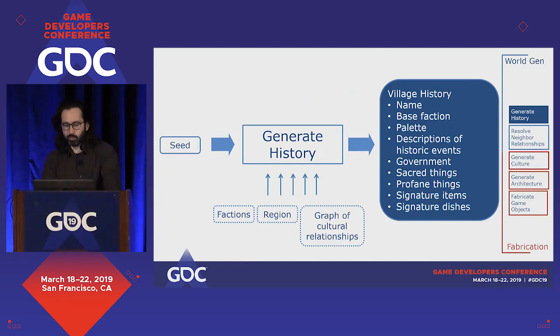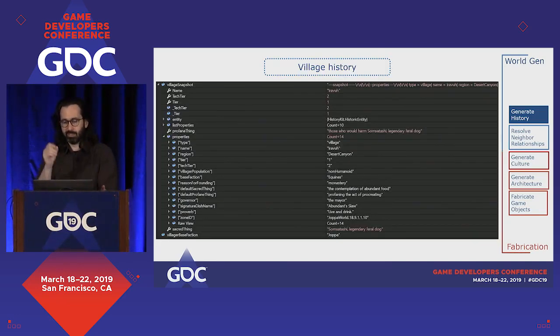In fact, if we look at a screenshot inspecting the data structure, village history is really a bag of key-value pairs at the moment. We have properties like name, the name of the village, and region, the region the village is in. We can go down and see governor, the mayor. All of those things we listed in the previous slide are represented simply as strings at this point.